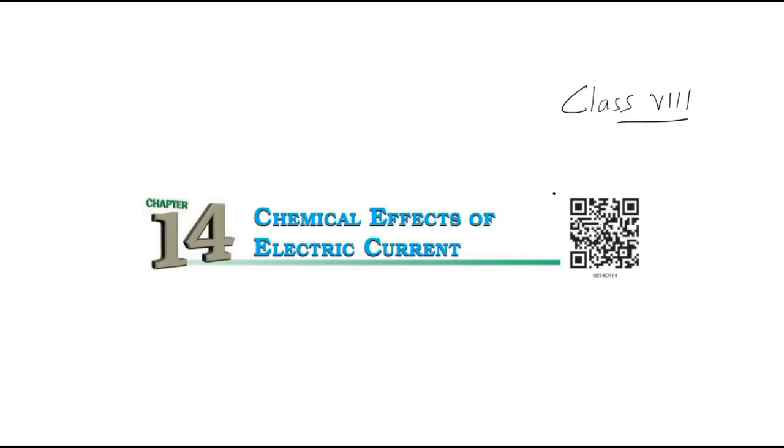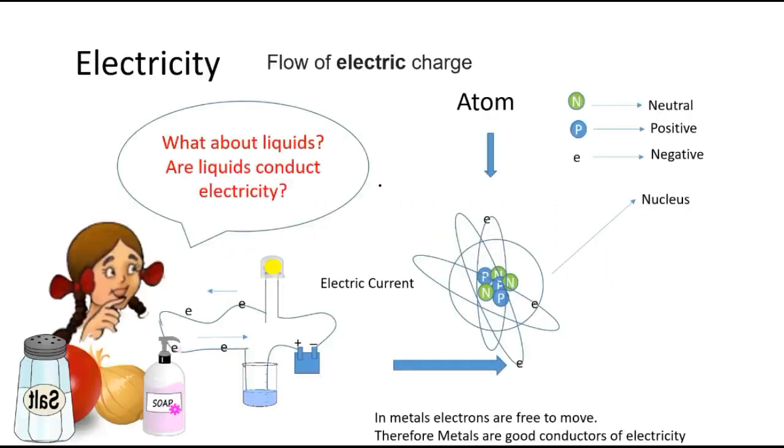In the previous video we have learned how the atoms and electrons are responsible for the flow of current, and we have also seen that electricity flows in metals, that is solids, as well as liquids like salt water, tomato juice, onion juice, or even soap water, but not in pure water.